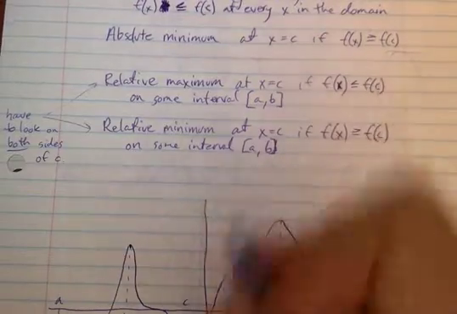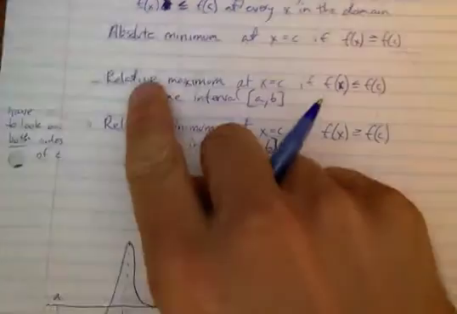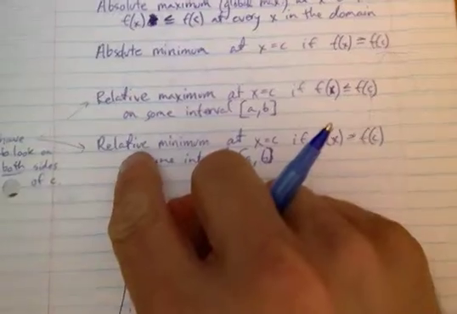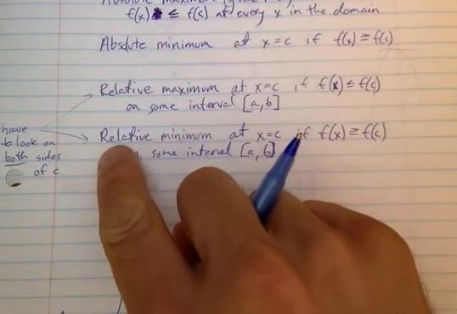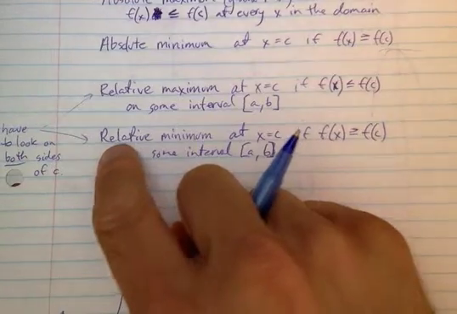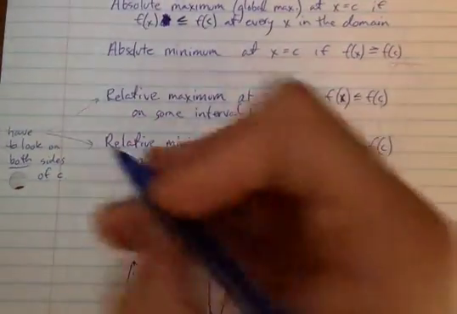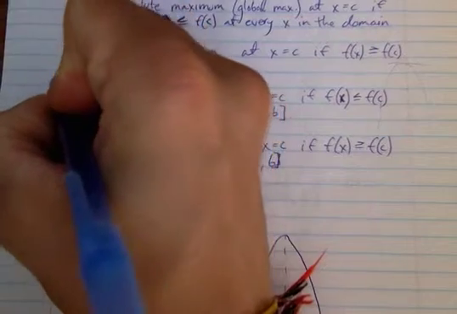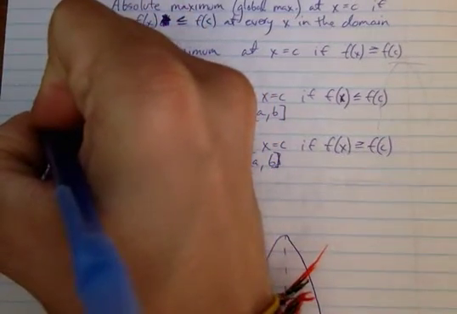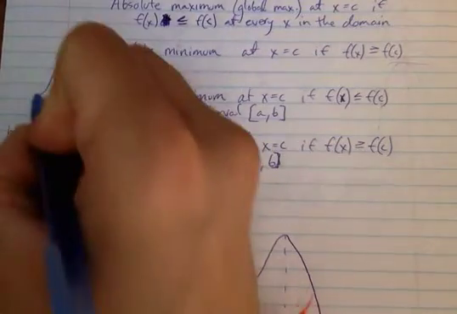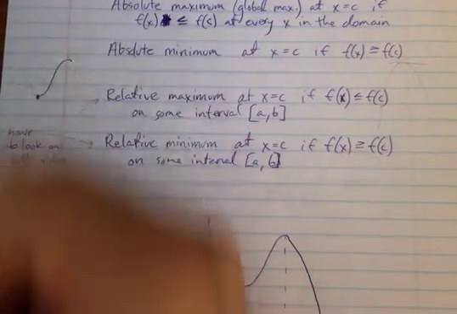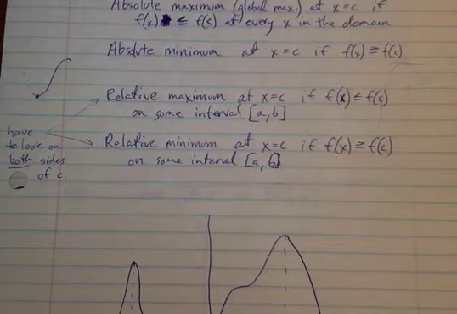Now, one thing we need to note is that for relative maxima and minima, you have to look on both sides of this thing. So it cannot be a one-sided function. Like if it ends right there, that can be an absolute minimum, but it cannot be a relative minimum because it would have to continue on the other side. Does that make sense?